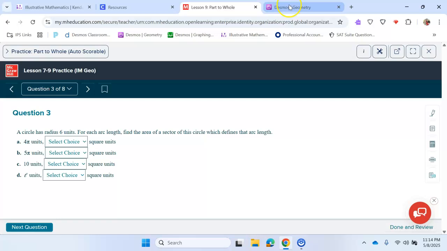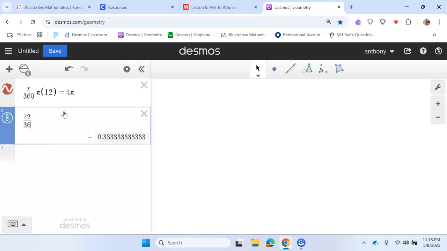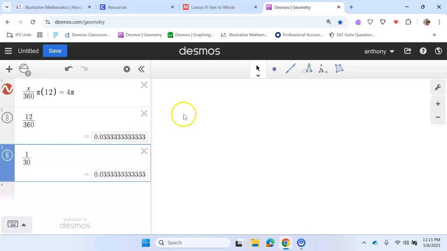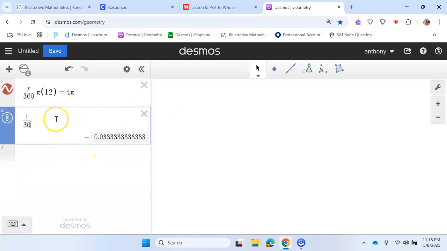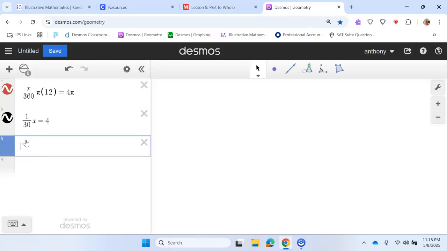The radius is 6, so the diameter is 12. 12 divided by 360 is the same as 1/30th. And that's times pi times x, and that equals 4 times pi. I divide both sides by pi. The pi's cancel out on both sides, and I divide both sides by 1/30th. 4 divided by 1/30 is the same as 4 times 30, which is 120.